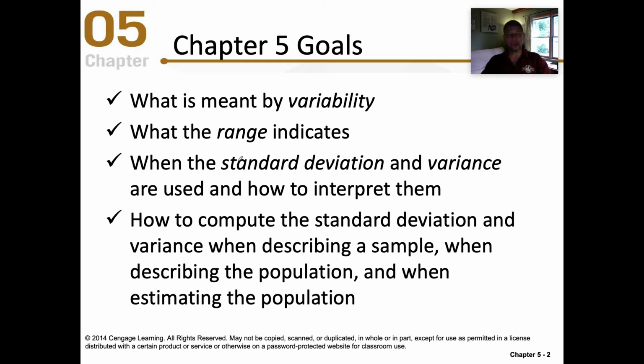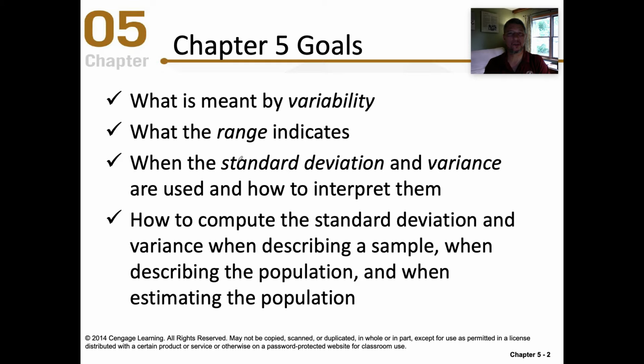So, our goals for Chapter 5 are to cover 5 essential things. First, what is meant by variability? How far apart, how spread out is the data? Is it spread out? Is it all clustered together?